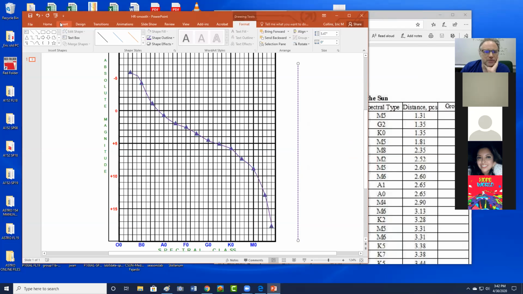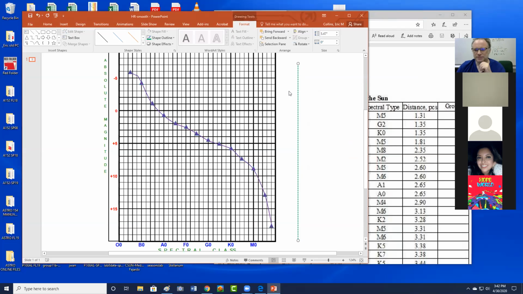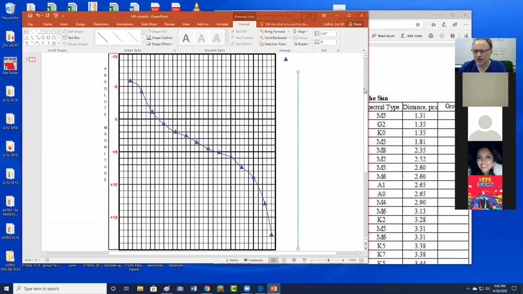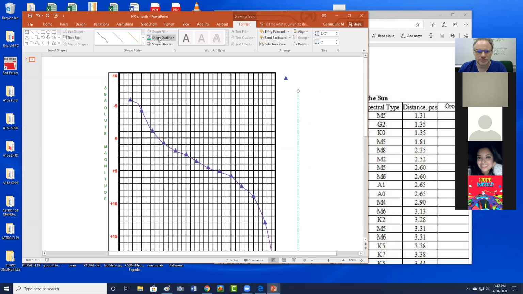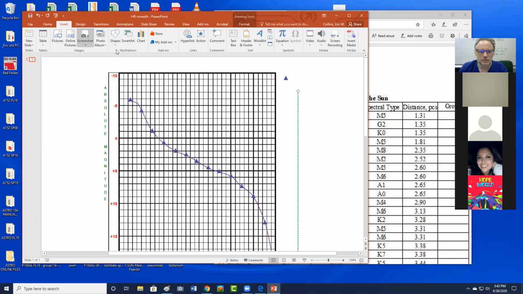I guess I'll change the color here. I could use red on this one, but I guess I'll use green. There it is. All right, so my nearest stars are going to be green, and the little symbol for the nearest stars is a little circle.